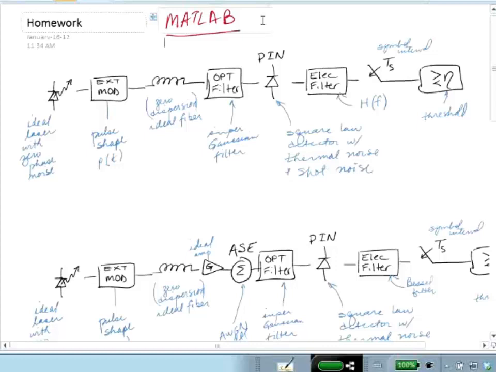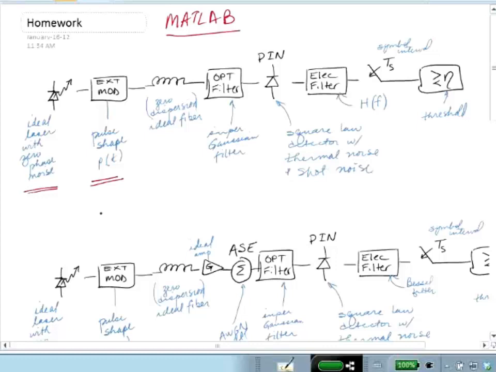In that code, what we see is a very idealized laser. There's no phase noise, no RIN noise, it's just a perfect monochromatic source. One thing I do add to it, which we'll be discussing next on Thursday, is a pulse shape for the signal, so it's not necessarily a rectangular shape.